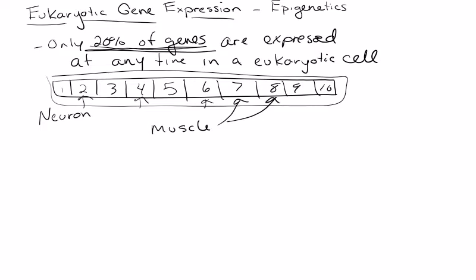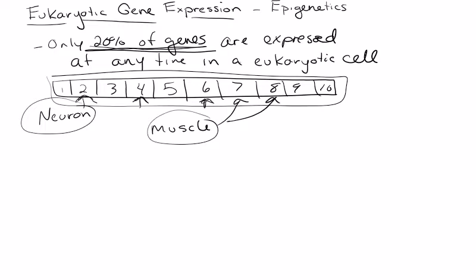And so that's why a neuron has a different job, different function, and a different structure than what a muscle cell would. And keep in mind, remember, it's the structure that determines its function, or function that determines structure. Those two things go hand in hand. And so if I structure the neuron to only have genes 2, 4, and 6, its function is going to be different than the muscle cell.